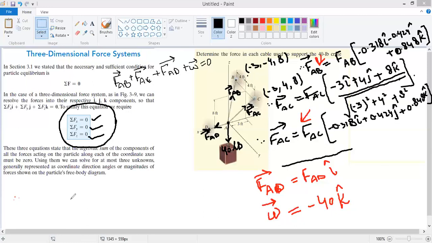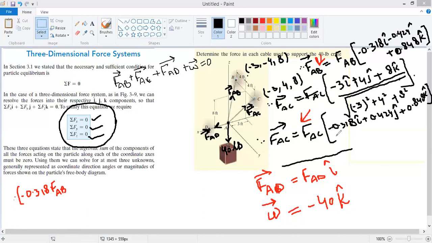Let us write them. First of all we have minus 0.318 FAB.